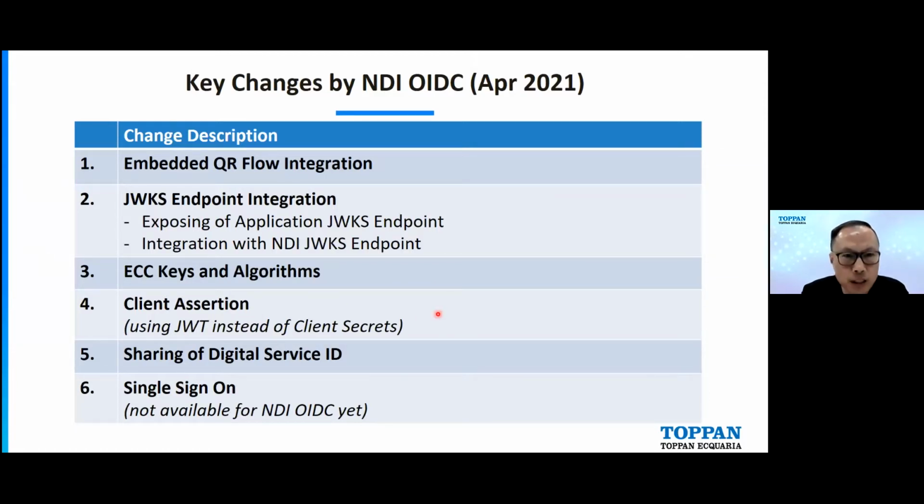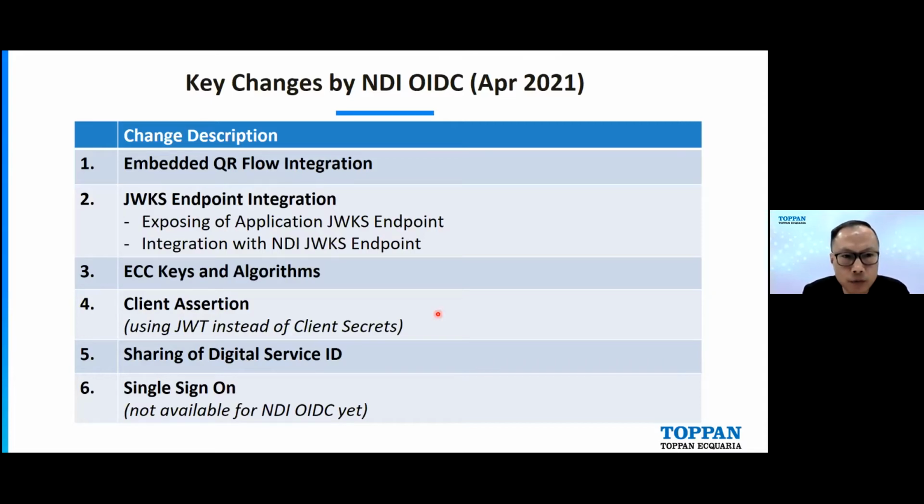Among the most significant changes are the embedded QR flow, which is strongly encouraged, as I mentioned before, in place of the existing redirection flow, as well as the requirement for JWKS implementation for your key exchange. This is to do away with the manual approach of exchanging keys.